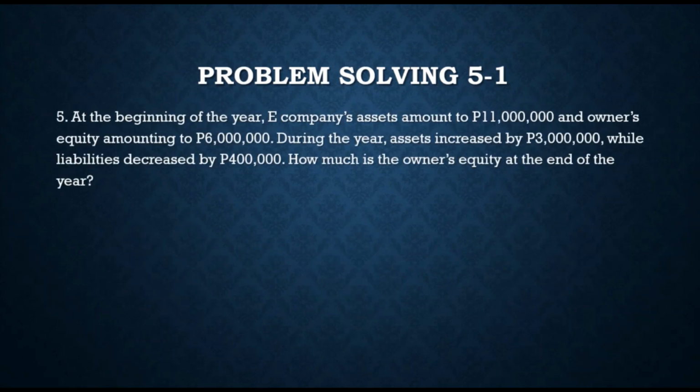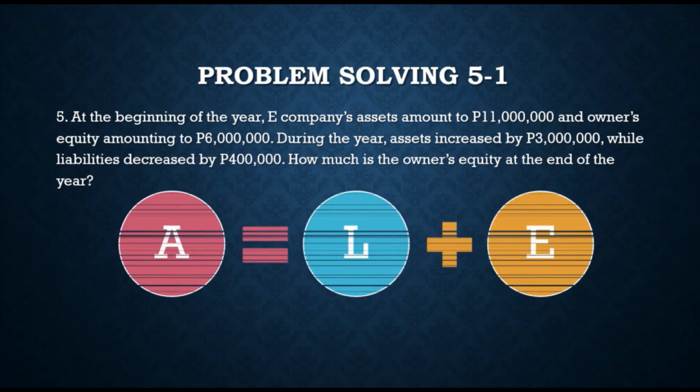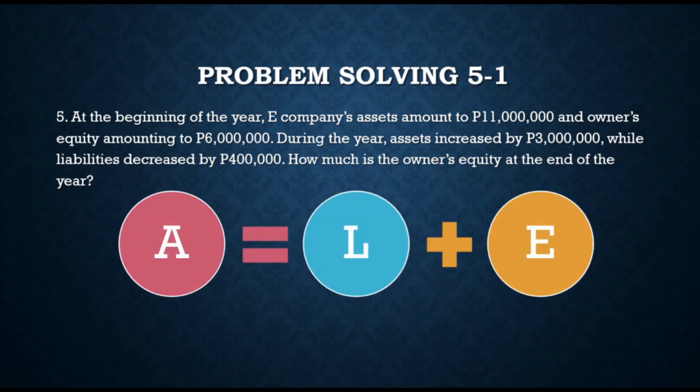Number 5. At the beginning of the year, E-company's assets amounts to 11 million and owner's equity amounts to 6 million. During the year, assets increased by 3 million while liabilities decreased by 400,000. How much is the owner's equity at the end of the year? So ating accounting equation, A is equal to L plus E. So meron daw tayong 11 million na total assets.